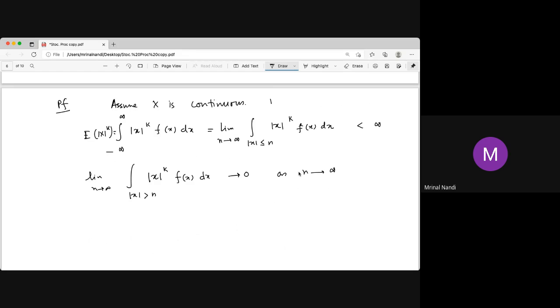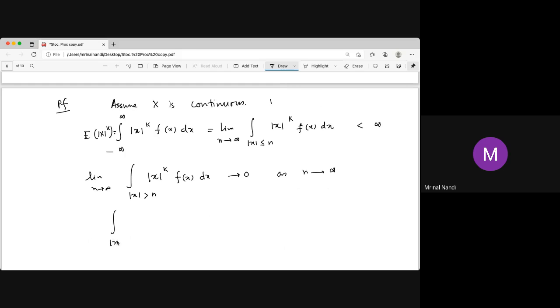It is like a series: if the series is converged, then the tail part must tend to 0. We know that if a series is converged, then the terms tend to 0. So the tail part tends to 0. But what is this?